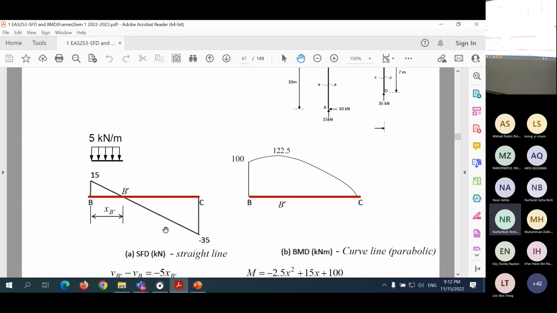Or you can use the relationship that the slope of the bending moment diagram is equal to the shear force. So shear force is changing from positive, then becomes 0 at B prime, then changes negatively. So the slope will be positive, positive, positive, then 0 slope at B, then change to negative slope, following the shear force diagram.